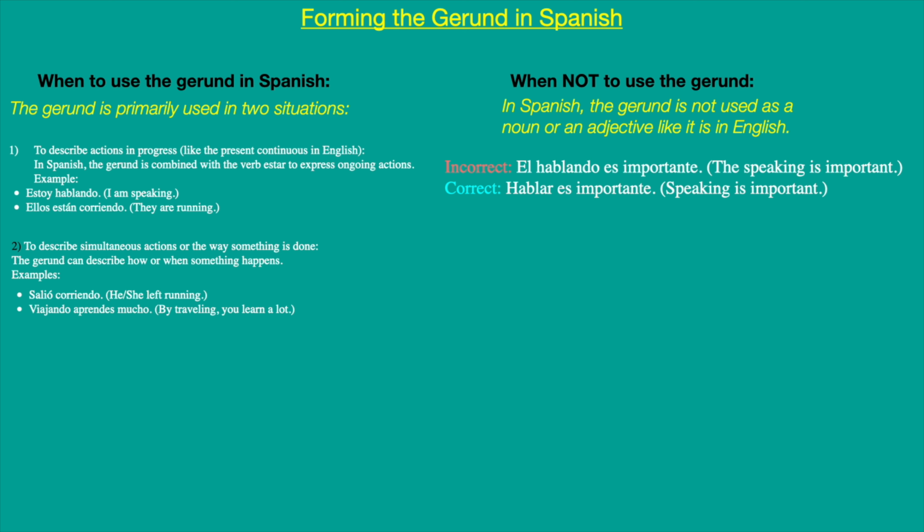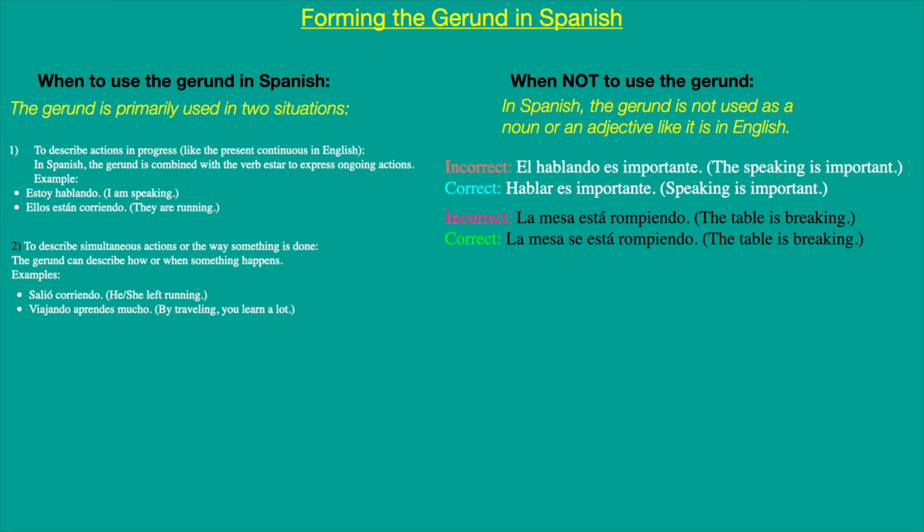We say hablar es importante. Speaking is important. You cannot use the speaking. You say only hablar es importante. If you use the verb, you don't use the article or the adjective.